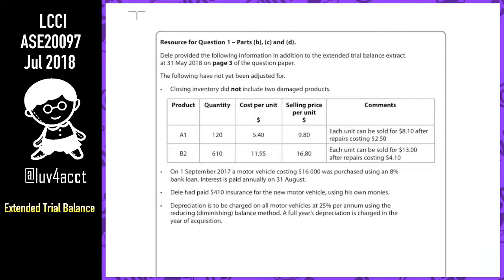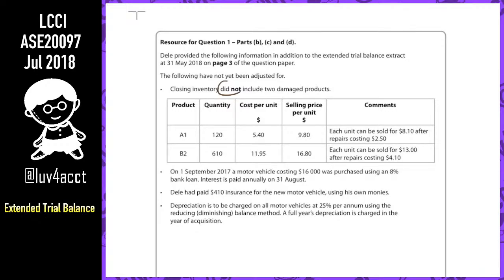The following had not been adjusted for. Closing inventory did not include items again. In these few sets of papers we can see many times it's not to adjust the item, but two or more items are not included, and we have to see how much should be added to it.